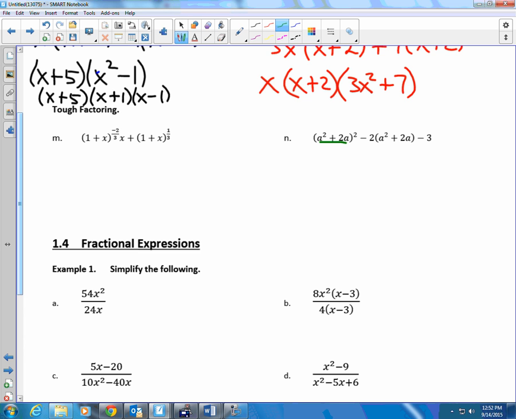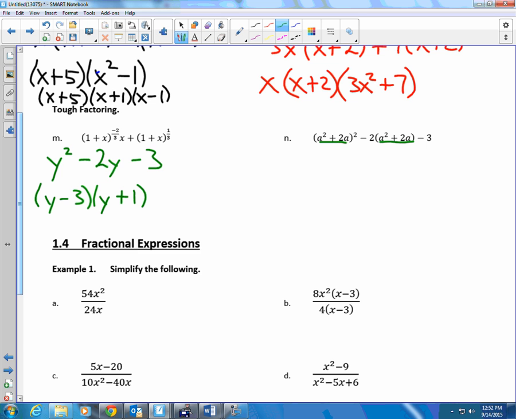This part right here totally messes me up, so I'm going to replace it with y. So it'll be y squared minus 2y minus 3. Oh, that's easy to factor, isn't it? That's y minus 3 times y plus 1, right?